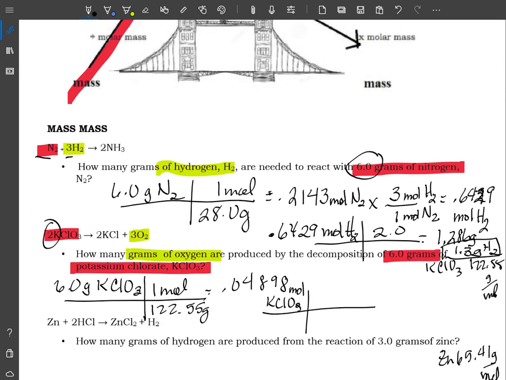There are 2 moles of KClO3 for every 3 moles of oxygen. That gives 0.07347 moles oxygen. I'm going to erase this so it's not getting in my way.